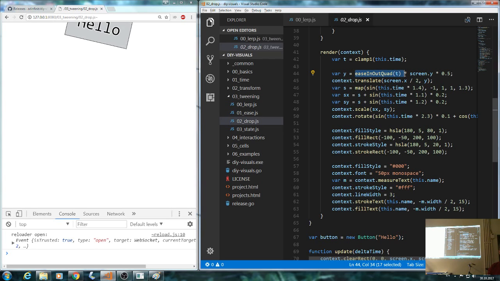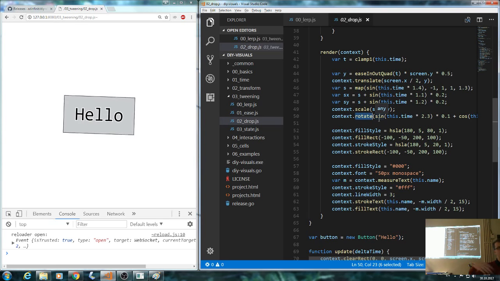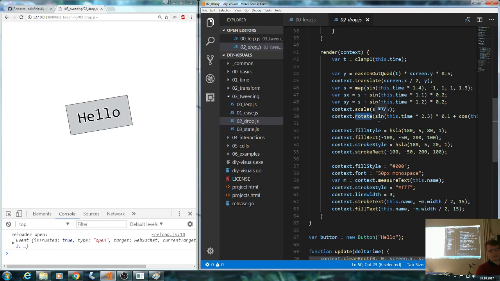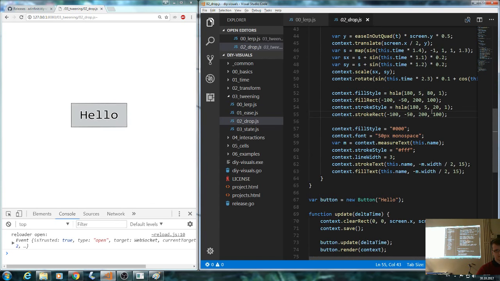And of course we then rotate using some function and combine different functions to get scaling as well. And this gives us more interesting and more natural looking animations.